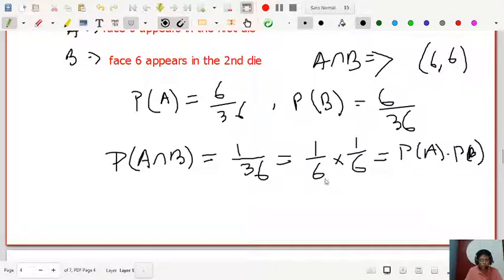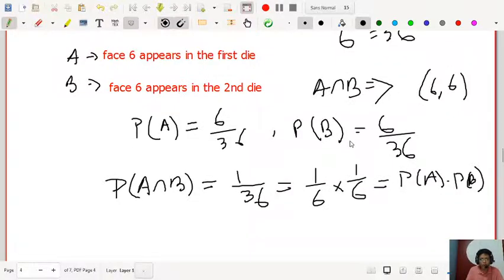Okay? So what is your conclusion now? That A and B are independent. A and B are independent, but A and B are not mutually exclusive, because A intersection B is not equal to phi, right?